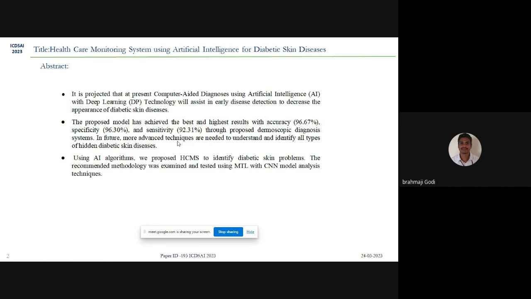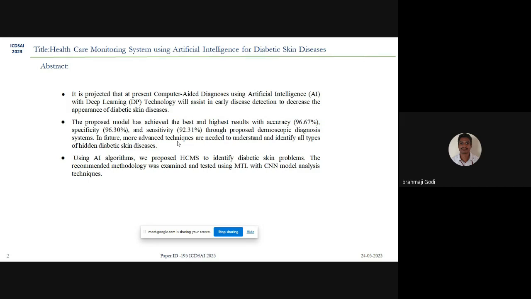Patients reach the doctors and explain their skin problems, and the doctor treats them, but even then they are unable to cure within the time. The only reason is the patient has diabetes. Even if the doctor and medicines are good, the proper diagnosis is lacking in diagnosis systems.